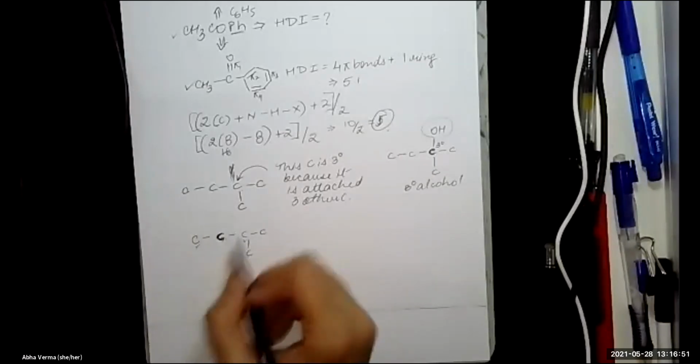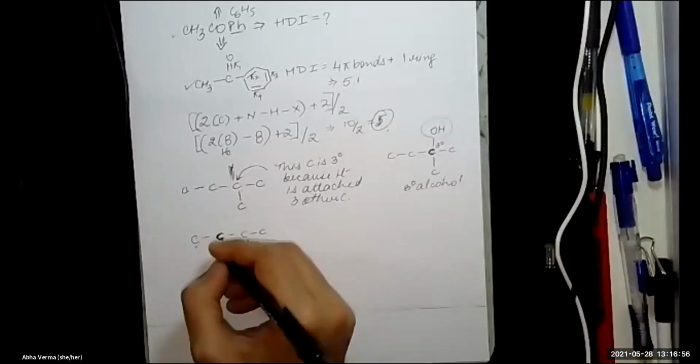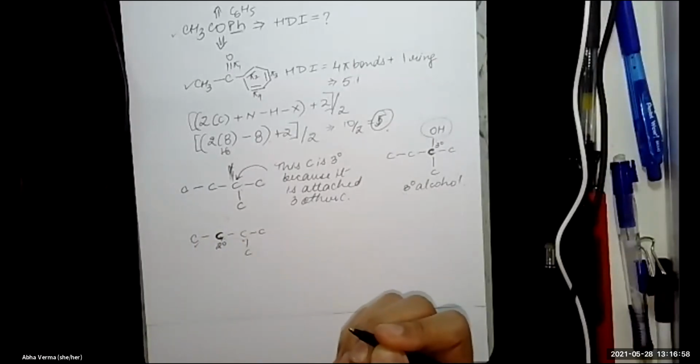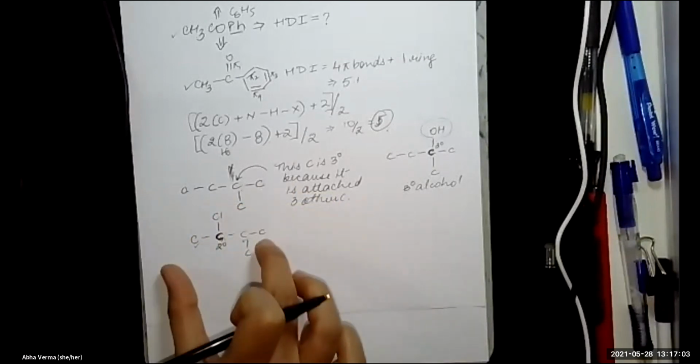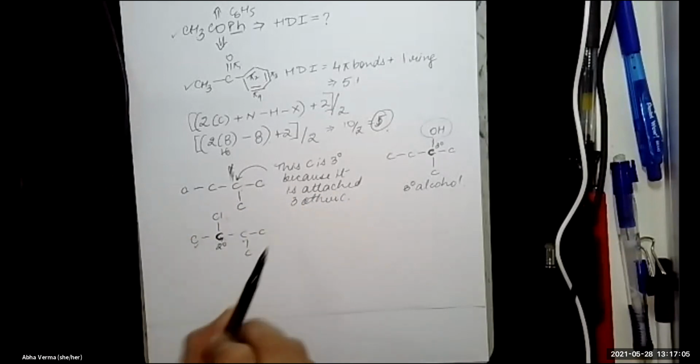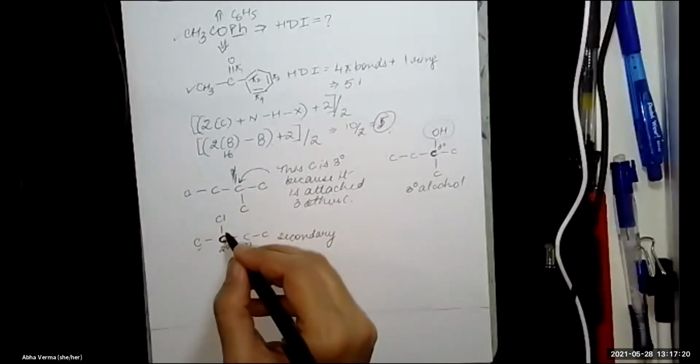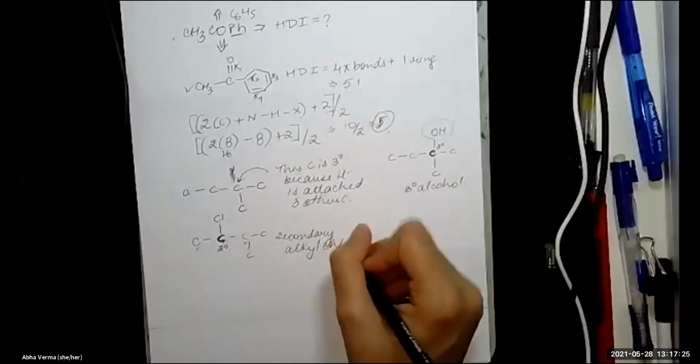Very good. So overall, it is attached to only 2 carbons. And that is why I'm going to label this as a secondary carbon. So if I have a chlorine here, how will I label this structure, Armani? It would be a 2nd degree. Secondary, what? Alkyl chloride. Right? Okay, very good. Thank you.